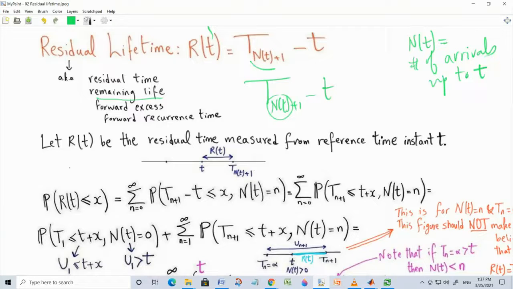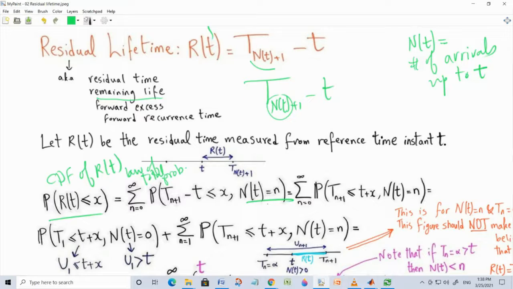We will investigate the CDF of R of t, and we will apply the law of total probability by involving N of t equals small n, which can be any non-negative integer from 0 to infinity. Again, because it is the time to the next arrival.